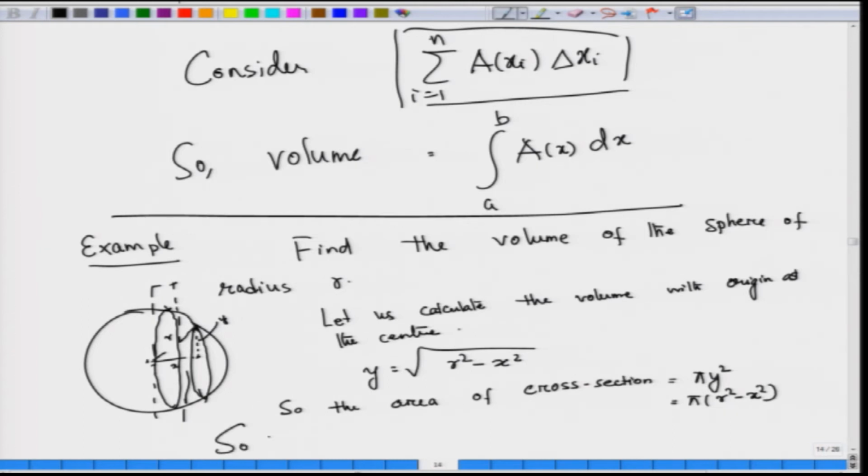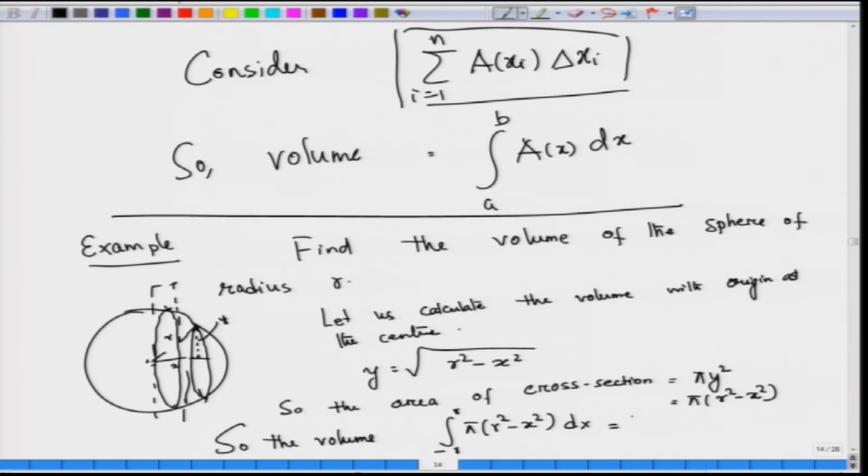So, the volume is equal to the integral, where x is going to vary from minus r up to r, of pi times r square minus x square, dx.